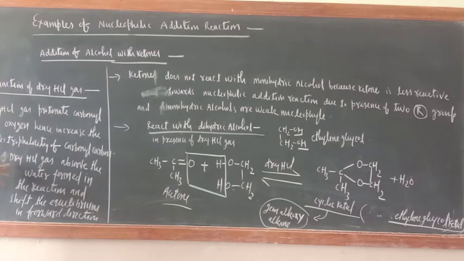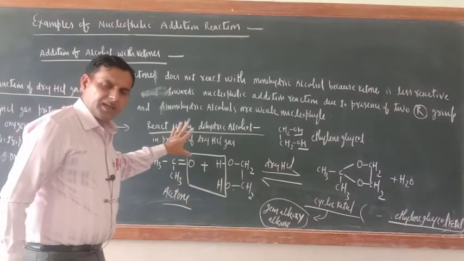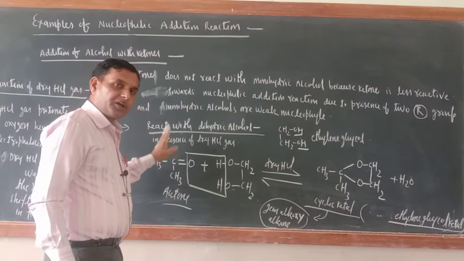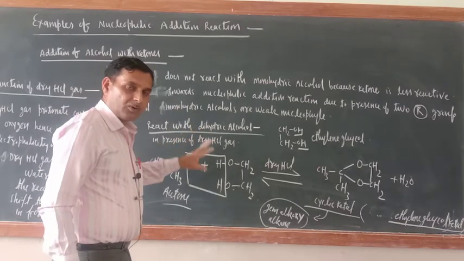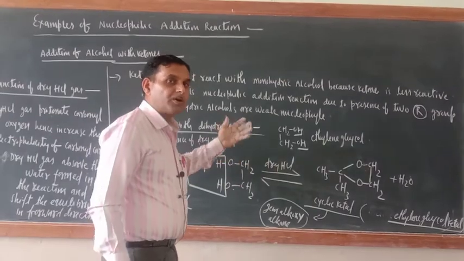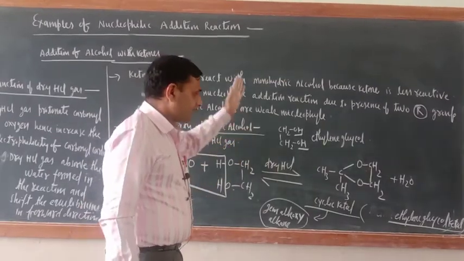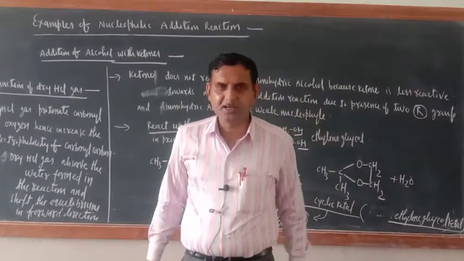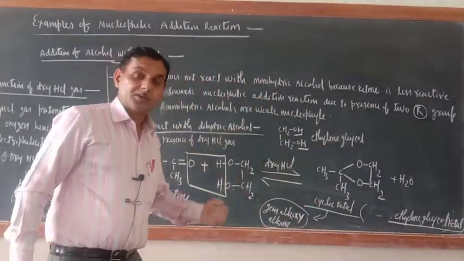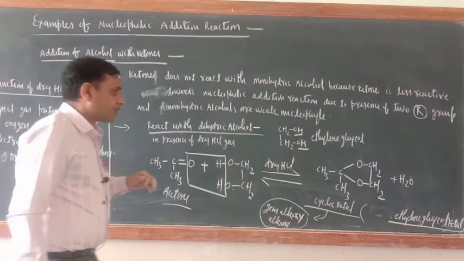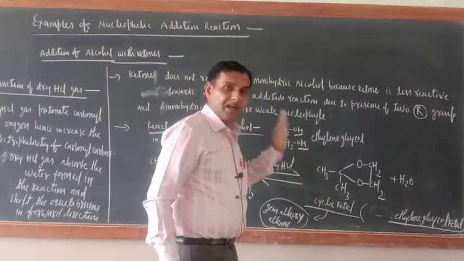What is the second function? Just see. Let it be aldehyde or ketone. The reaction of aldehyde and ketone with alcohol, let it be monohydric or dihydric, is an example of an equilibrium reaction. And see, one of the products is water, in both cases. So if water is not removed, then the yield will be less.